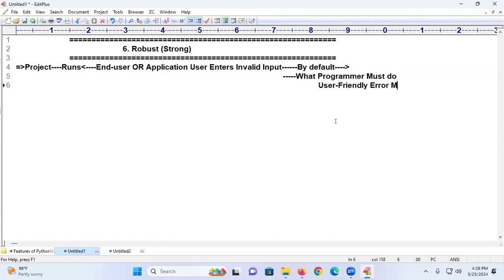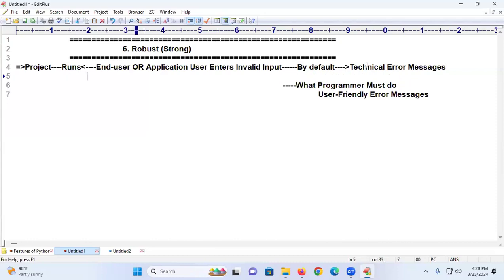When the end user or application user enters an invalid input, by default, technologies and languages give technical error messages. Such technical error messages, who will understand them? Generally, technical error messages are understandable by whom?